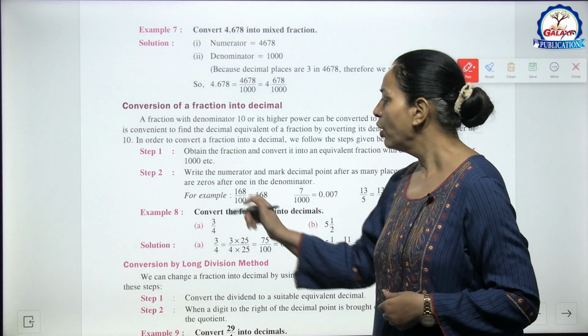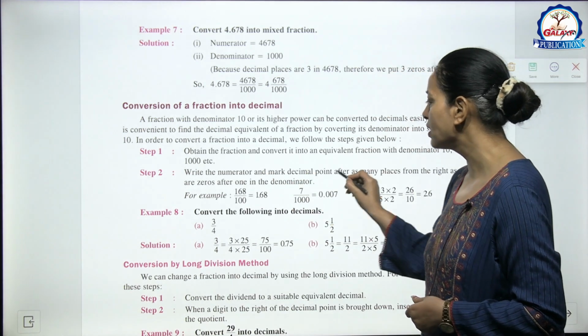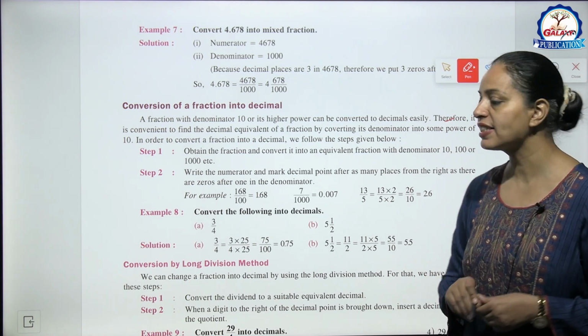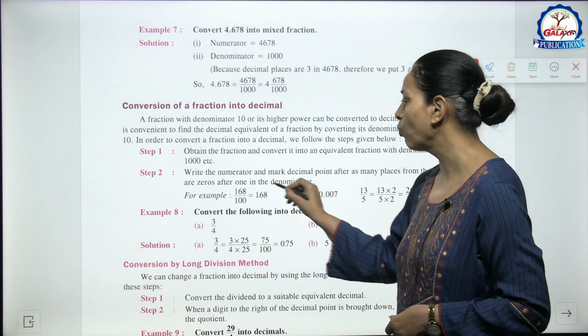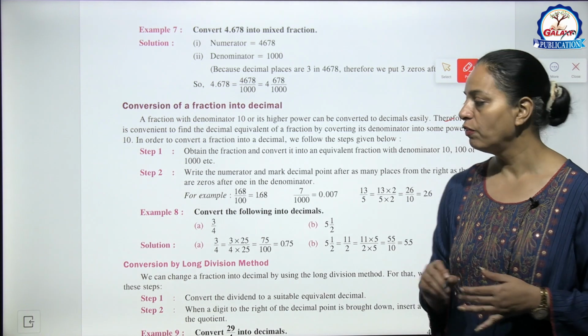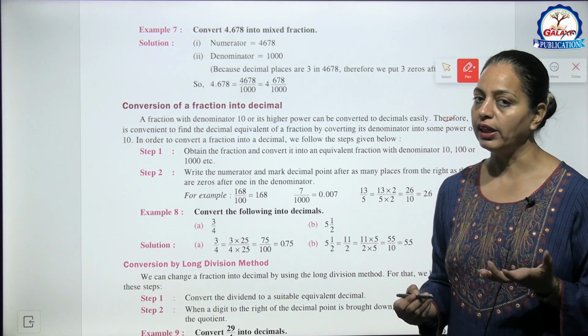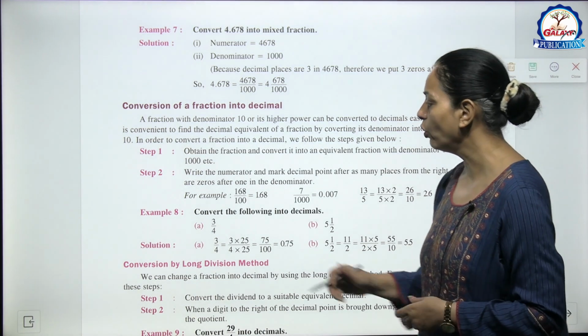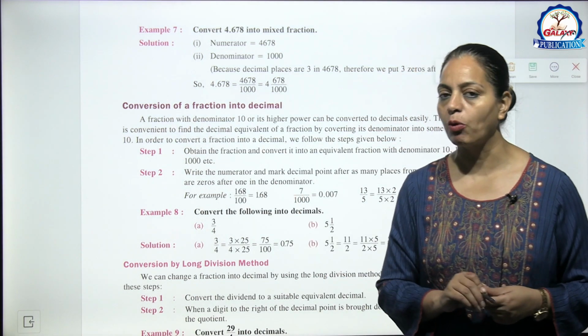Then step 2, write the numerator and mark decimal point after as many places from the right as there are zeros after 1 in the denominator. फिर जितनी zeros हैं उतने digits से पहले हम decimal point लगा देंगे. See for example 168 upon 100.